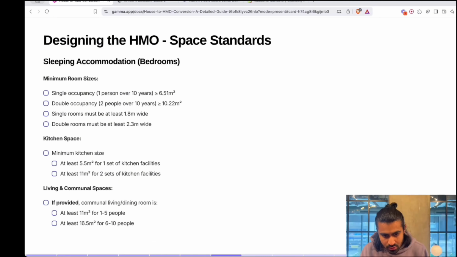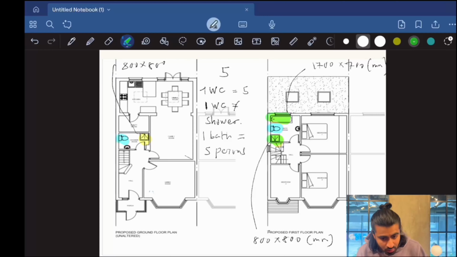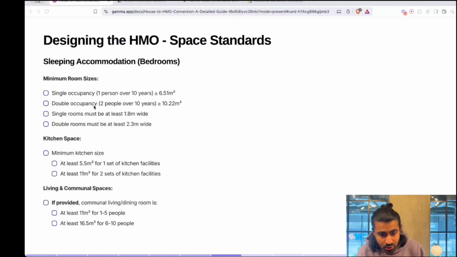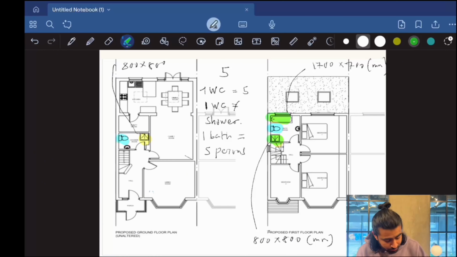Next is space standards. So the first thing it says here is single occupancy, which is 1 person over 10 years old, is 6.51 square meters. And double occupancy needs to be 10.2 square meters. So technically, the living room can house 2 people.